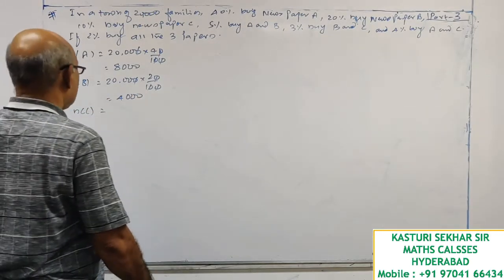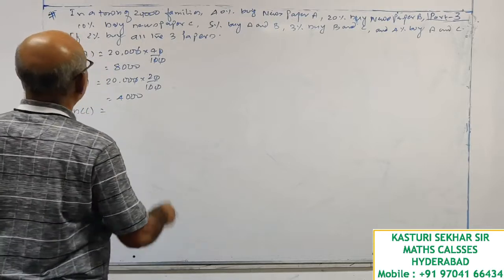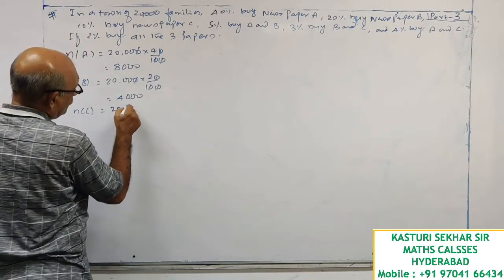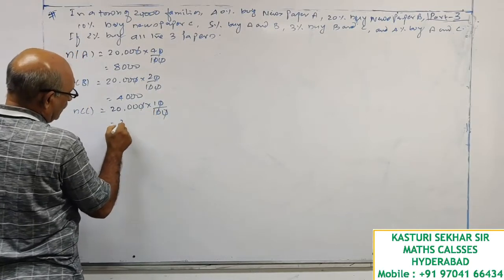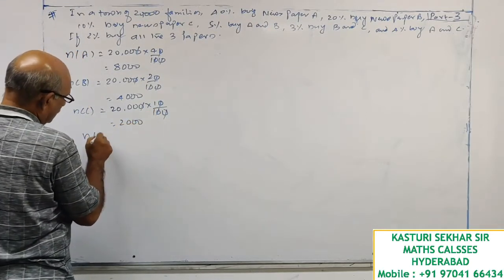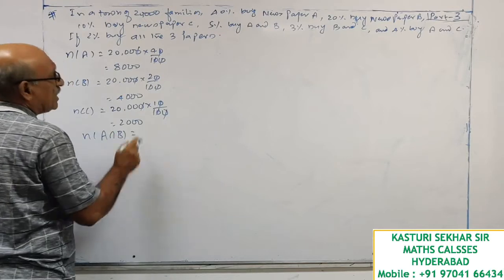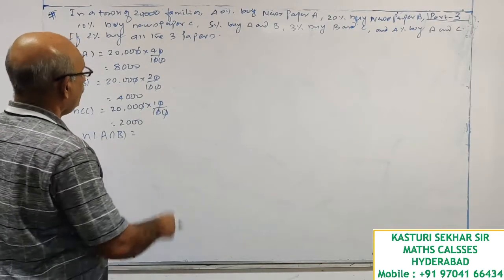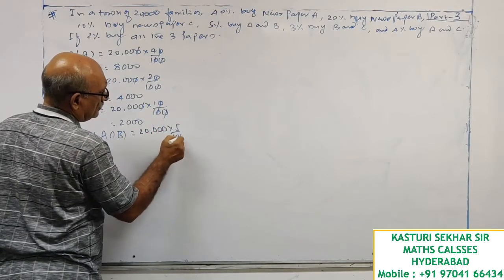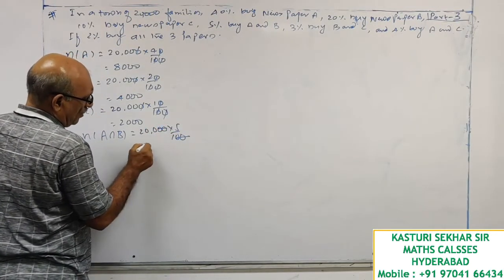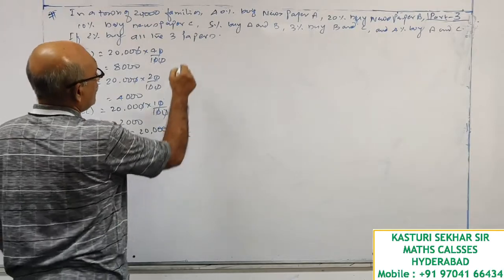N of C is 2,000. N of A intersection B is 1,000.